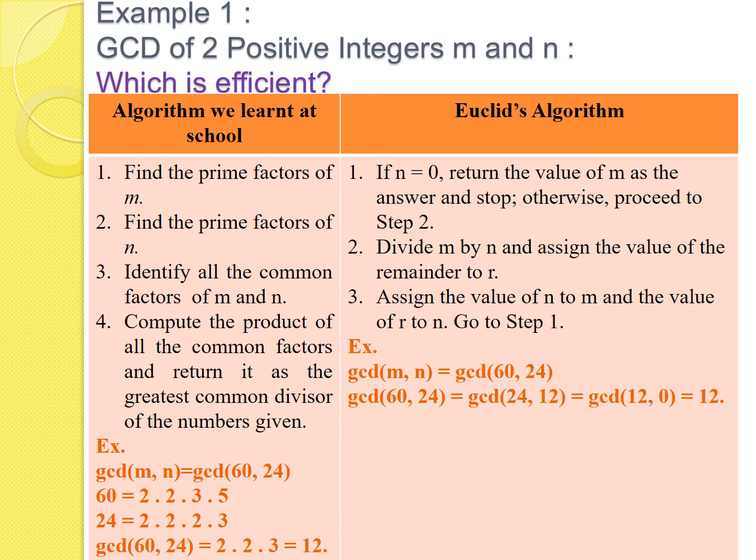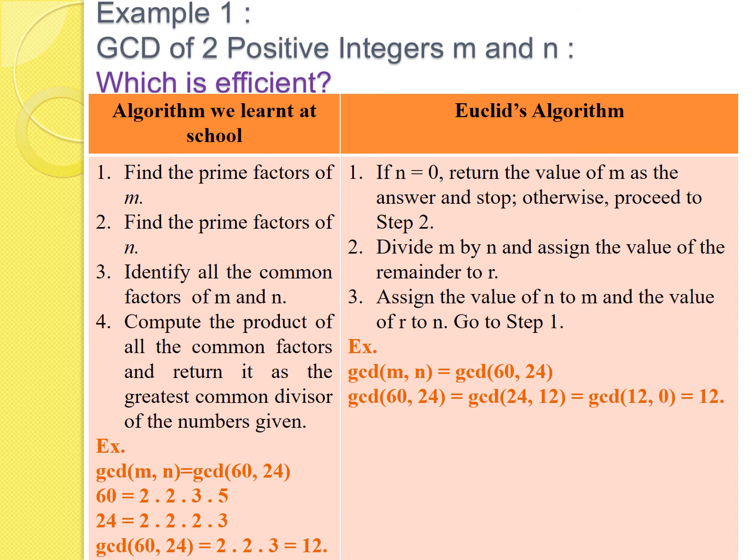Finding the product of the common factors, the GCD of 60 and 24 is calculated as 12. As you notice, finding the prime factors involves multiple divisions, and we compute the product of the common factors. So this algorithm has multiple steps.